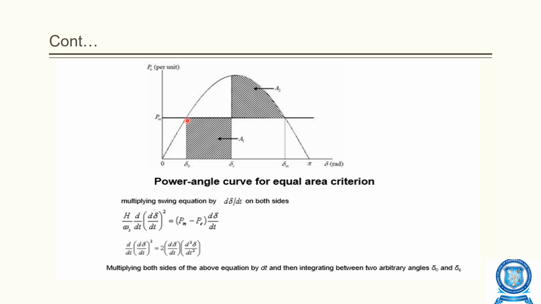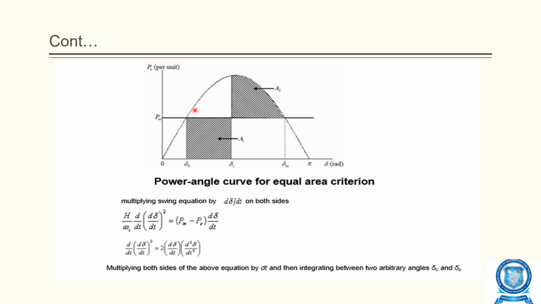There is a sudden increase in mechanical power input. It is represented by the next line. Since Pm is greater than Pe, the acceleration takes place. So if Pm increases, the acceleration takes place, and if it decreases, the deceleration takes place.